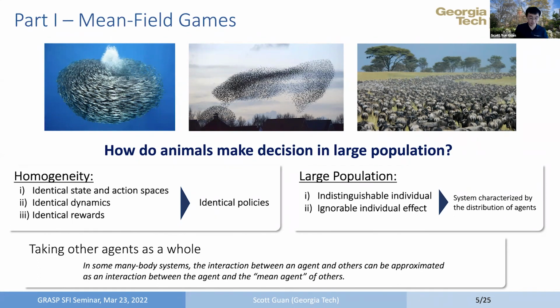But the individual investors are just a large population, and each of them has a negligible effect on the mean behavior. In that case, you can also formulate the mean field.